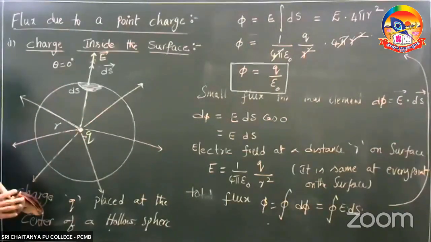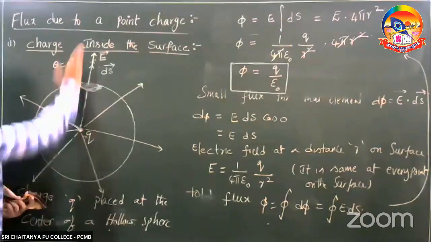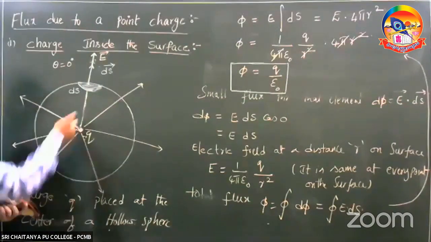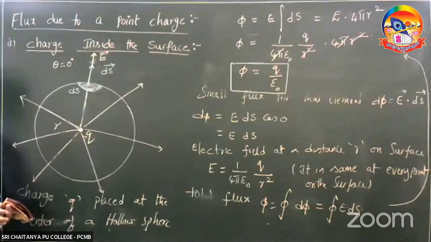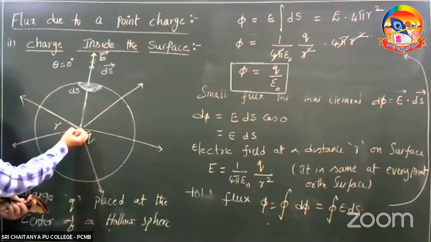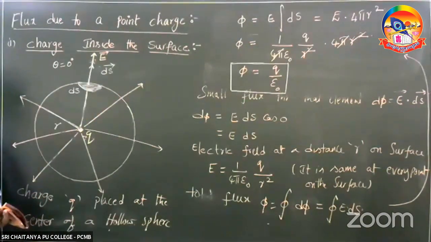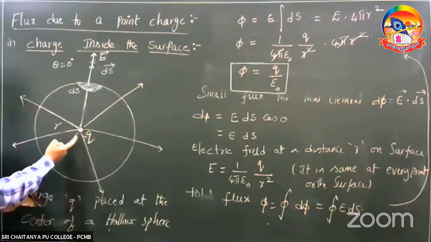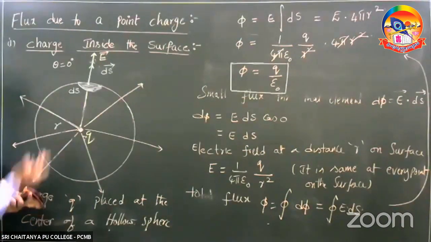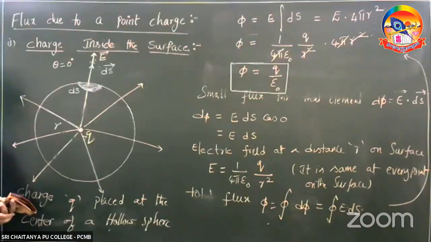If you observe the diagram, there is only one direction for the flux. It's simply coming out. So the flux coming out of this surface is Q by epsilon naught, where Q is the charge in the closed surface, and epsilon naught is the permittivity of the medium, right?